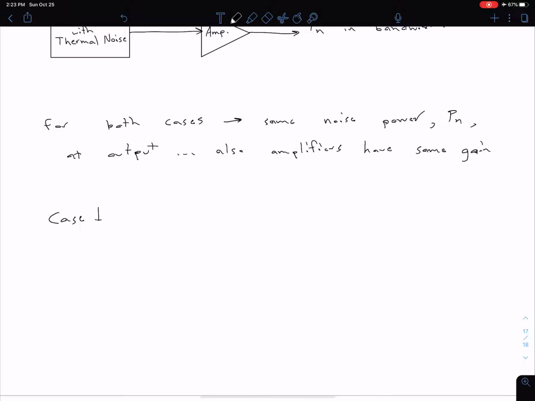So let's talk about case 1. Our temperature of source is 0 Kelvin. What that means is all of the noise in the system, all of that P sub n, our noise power, comes from the amplifier.